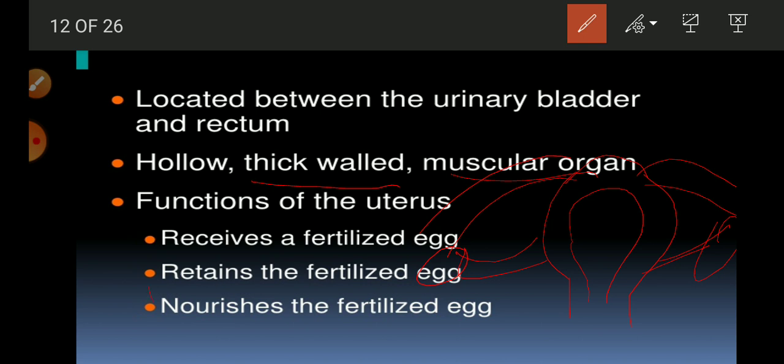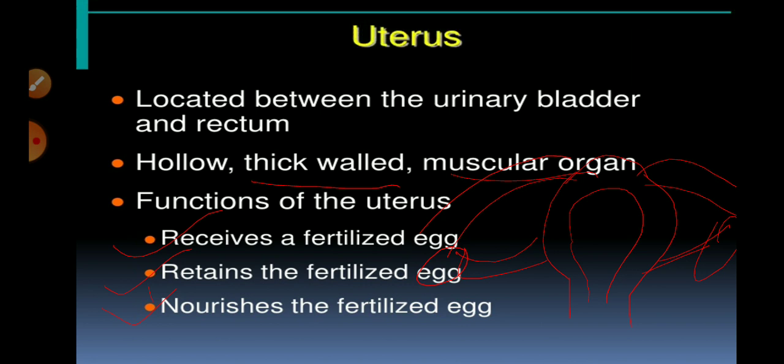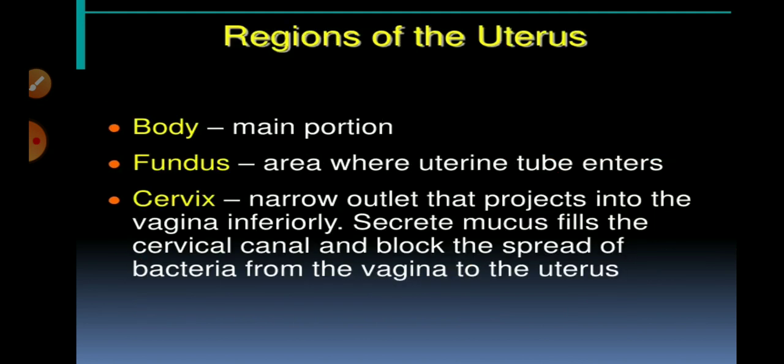Functions of the uterus: it receives a fertilized egg, it retains the fertilized egg, keeping it inside for a longer period of time, and it also gives nourishment to the fertilized egg by forming a placenta.